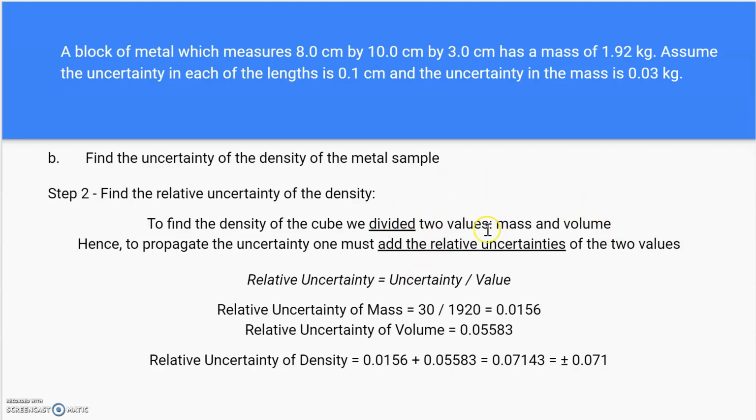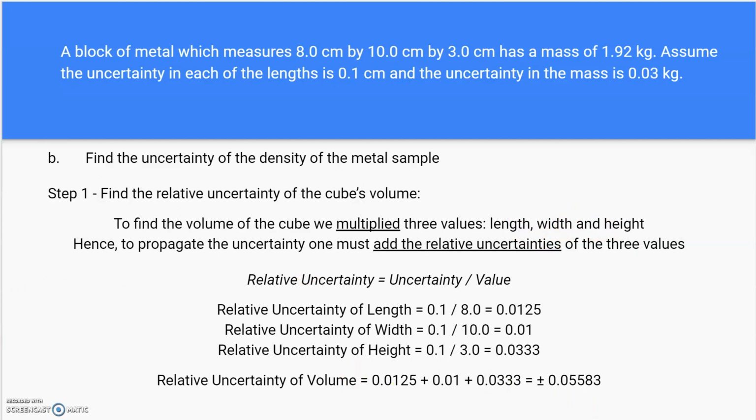And divisions and multiplications work the same way in terms of relative uncertainties, in the sense that you must add the relative uncertainties of the values that you manipulated to get to that result. So here, as we divided mass by volume, we're going to add the relative uncertainty of the mass with the relative uncertainty of the volume that we have already calculated here.